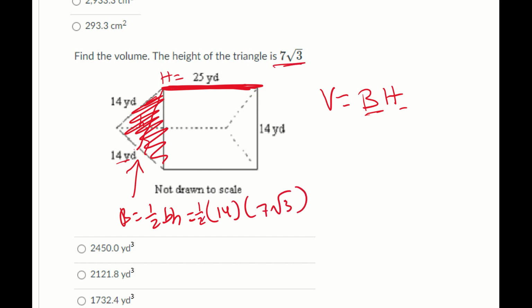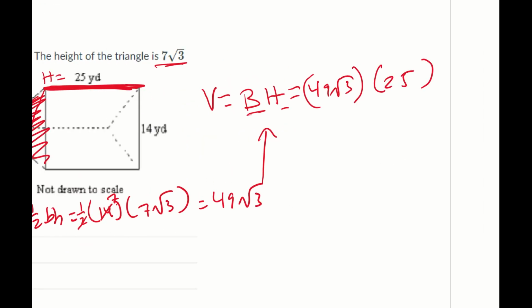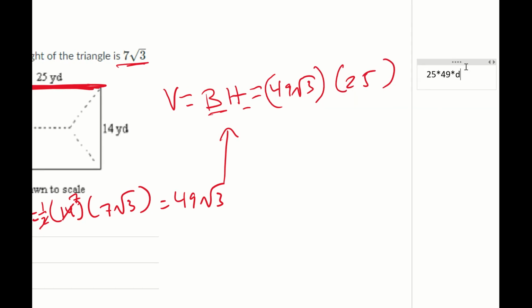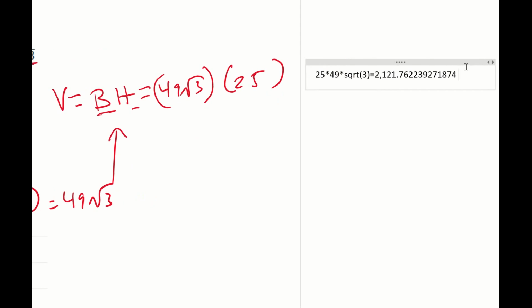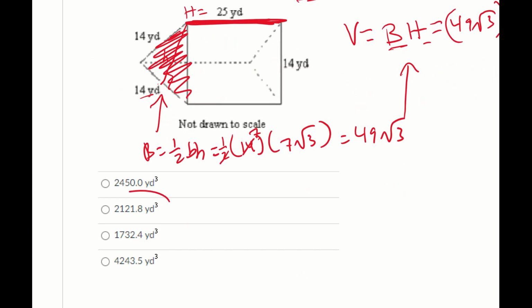Half of 14 is 7, so you got 7 times 7, so you got 49 square root of 3, and that's your B. So your volume is 49 square root of 3 times the height of the actual prism itself, which is 25. So we'll multiply those together and see what we get. 25 times 49 times square root of 3. So about 2121.8.